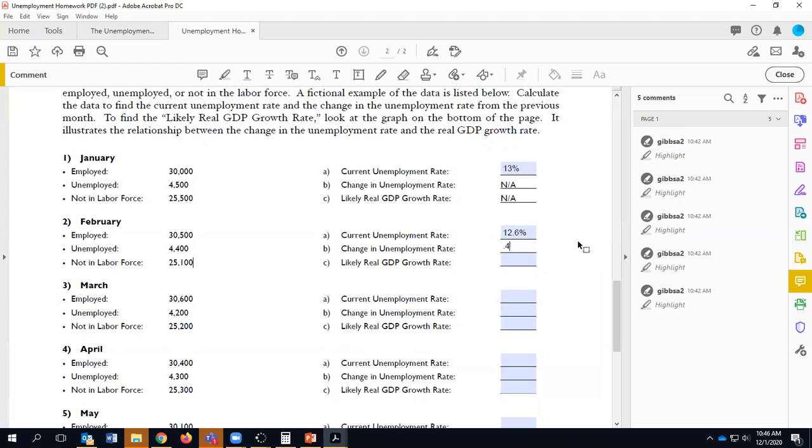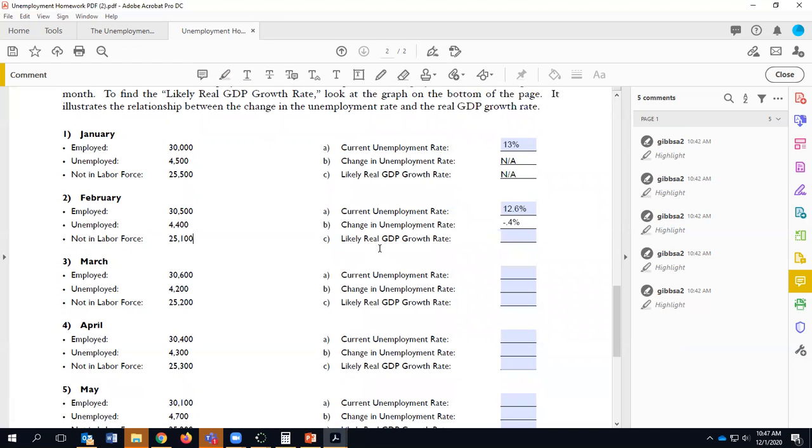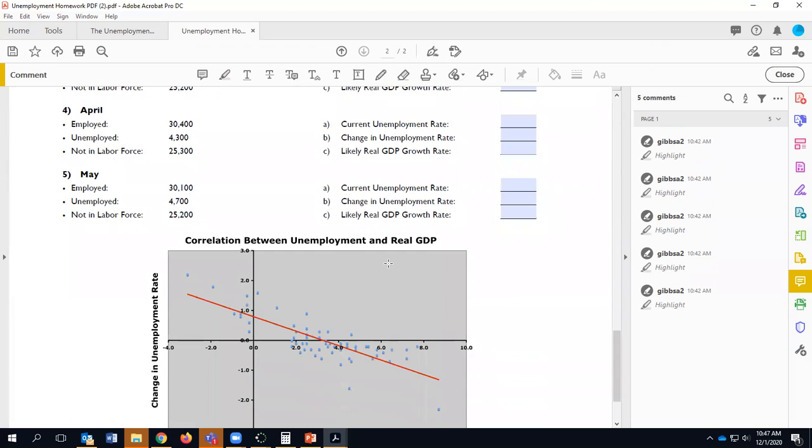So 13% minus 12.6%. That's 0.4%. That's a positive. If it went down, it's negative actually, because it went down. So because we decreased, it's a negative. If it increases, it's positive. So our likely real GDP growth rate, we're going to look down here.